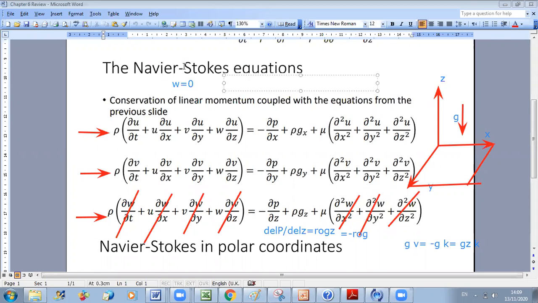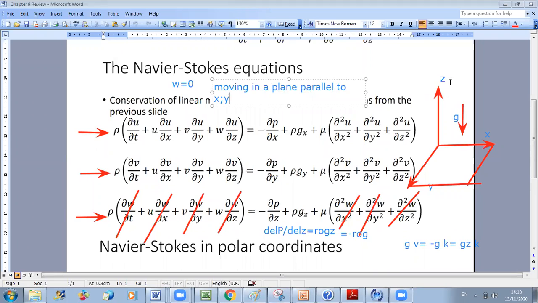This information tells me that I am moving in a plane parallel to xy. Since I am not moving in z, it's true that del p by del z is minus rho g, but I am not moving along z. This is why I will not experience a variation of pressure, since I'm moving only in xy.